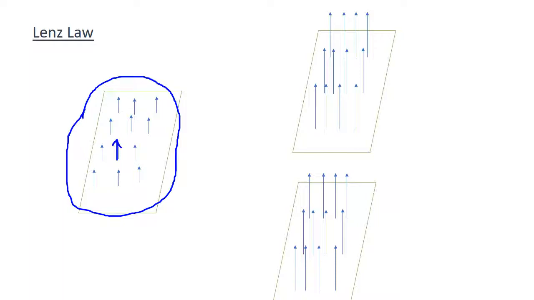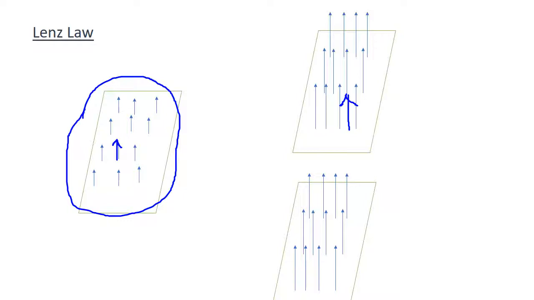When we increase the magnetic flux, the magnetic field will become stronger, and so the vector will become larger. According to Faraday's law, this change in magnetic field will produce an induced current in the loop. And to determine the direction of the current, we will need Lenz's law.